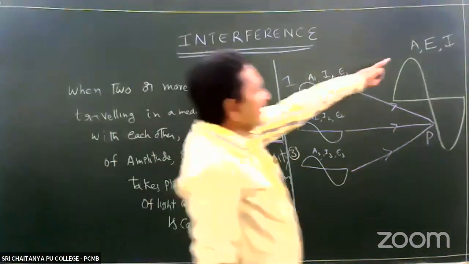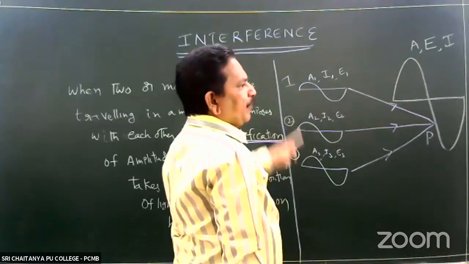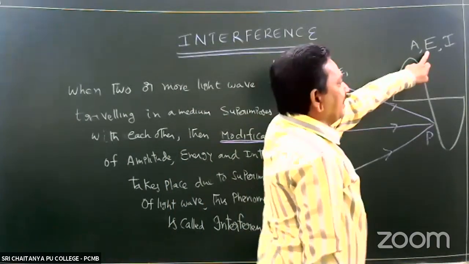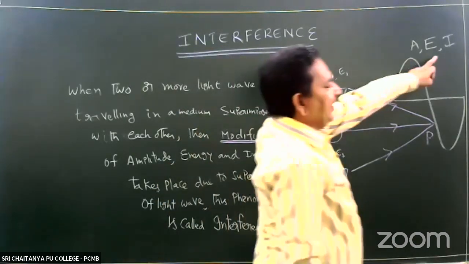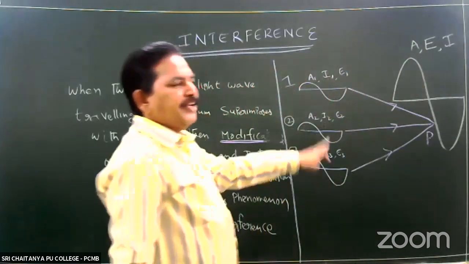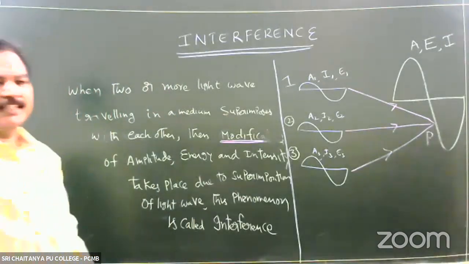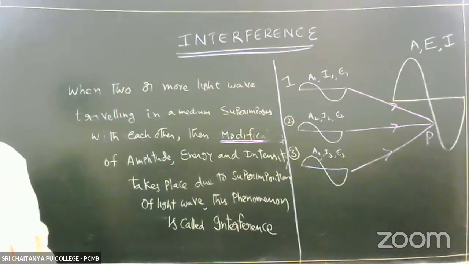This A is different from A1, A2, A3. This E is different from E1, E2, E3. This I is different from I1, I2, I3. Modification takes place in the amplitude, intensity, and energy of the resultant wave.